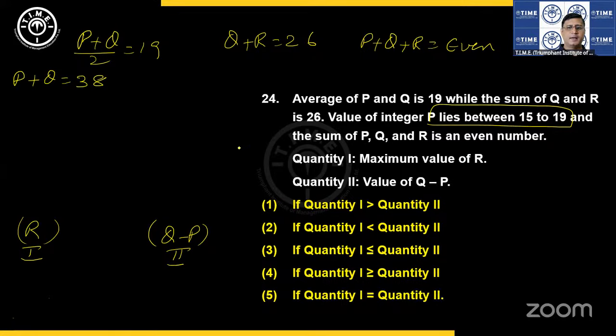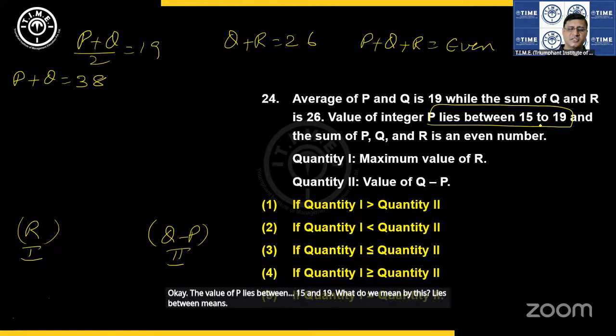The value of P lies between 15 and 19. What do you mean by this? Lies between means 16, 17, 18.